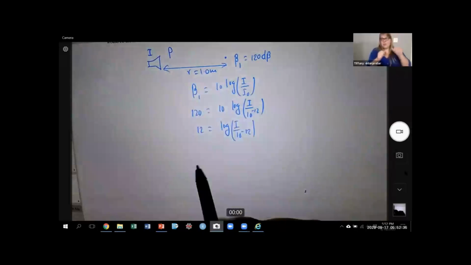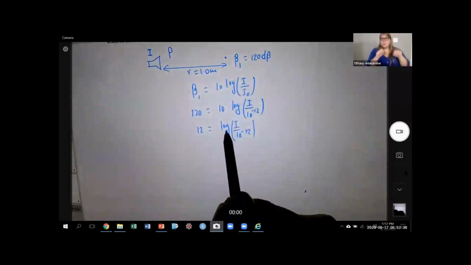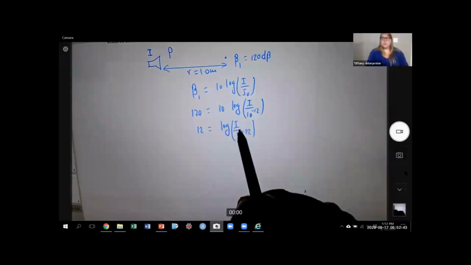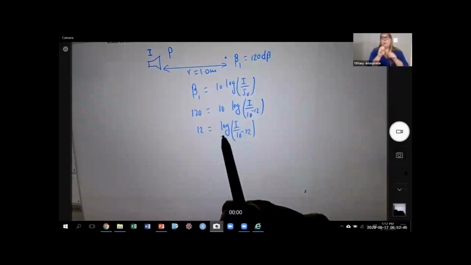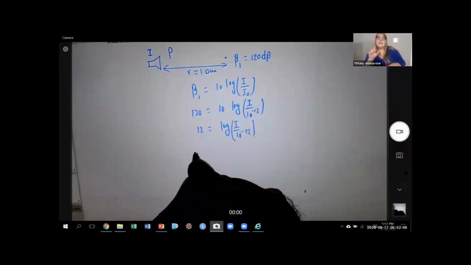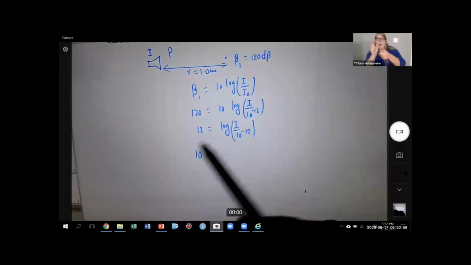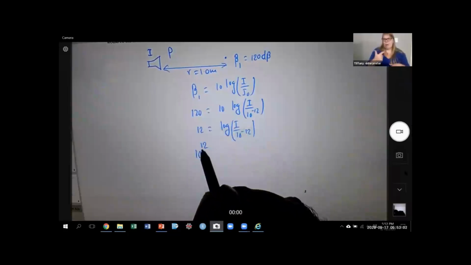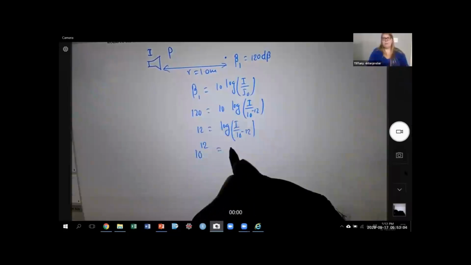First of all, the log property: how would you get rid of the log? Because to solve for I, you have to get rid of this log. What's the log property? Put it to the 10 to the power of that. Yep, it's called taking the anti-log on both sides, 10 to the power 12. Whatever you get, it becomes 10 to the power 12. Now you're left with this. This is the log property in math.